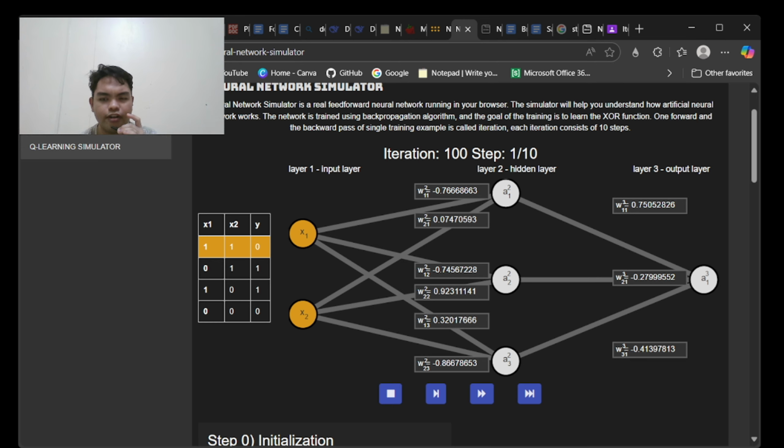Now for question two: in what iteration from 1 to 100 does the neural network have the best performance? Based on the training progress, I observed the neural network performance evolved through the 100 iterations.